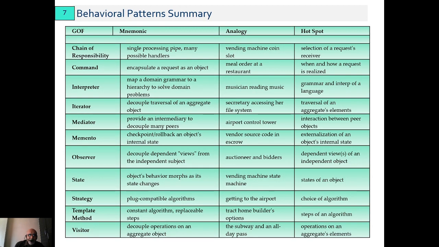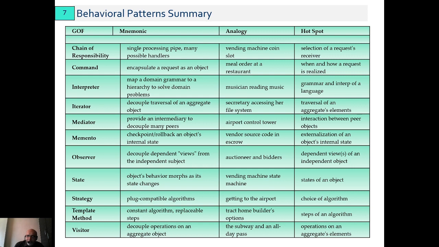Now about the behavioral patterns, just see to it that chain of responsibility is the selection of request receiver. I will take up one or two. Mediator, interaction between peer objects on common grounds, and strategy, plug compatible algorithms.